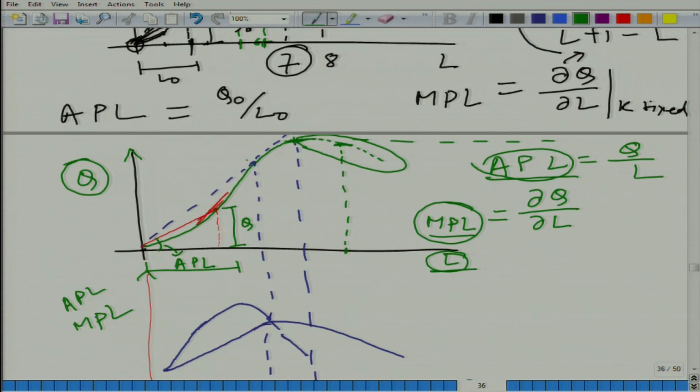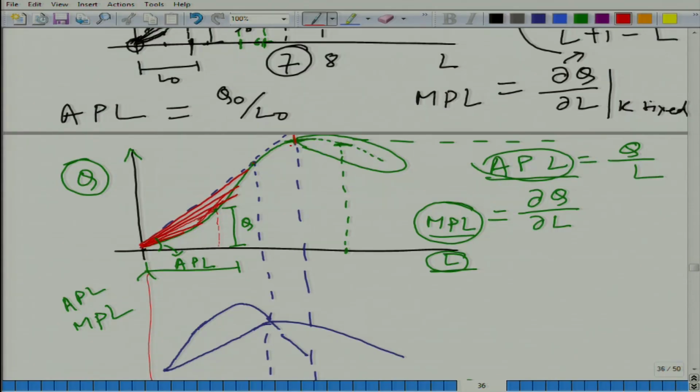Fine. And if you notice, till this point the average product of labor is increasing, and after this point it starts decreasing.